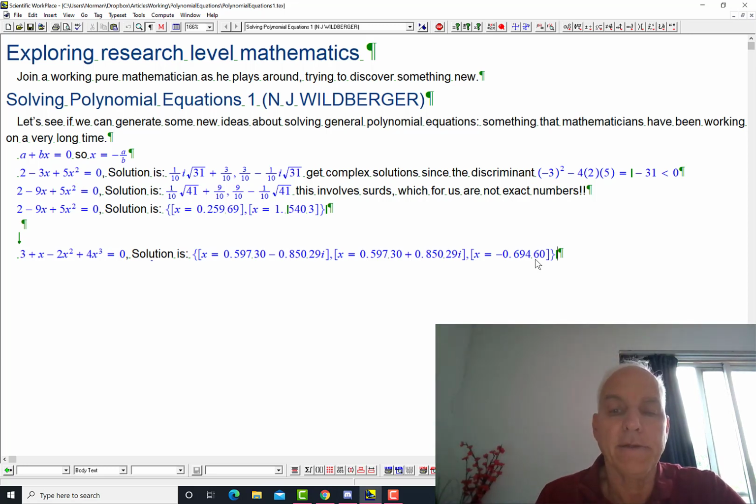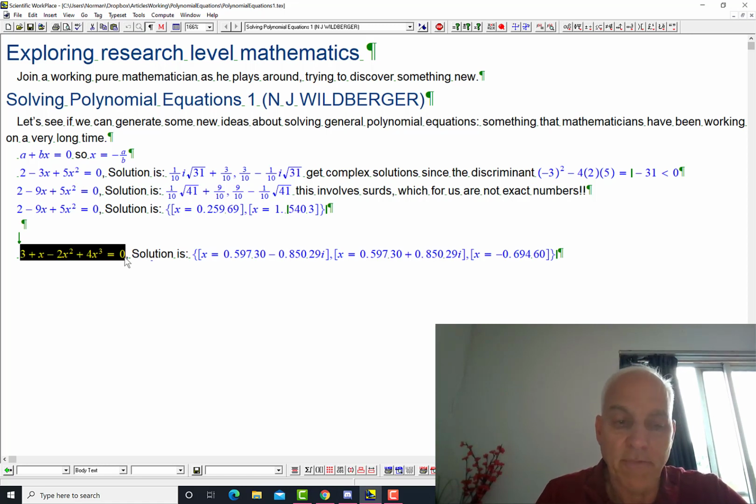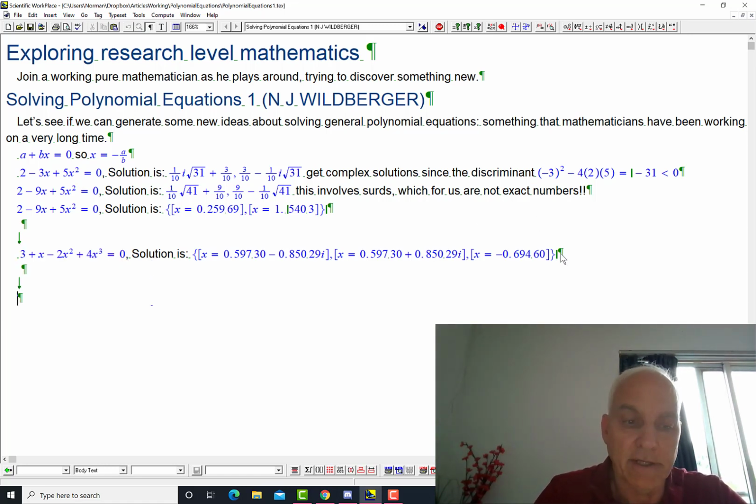All of them are approximate. The graph of this thing seems to cross the x-axis in only one point, around x equals minus 0.69. But that's still not really a solution. Those are approximate solutions, but not exact solutions.